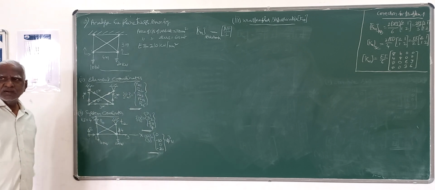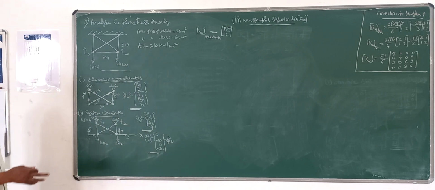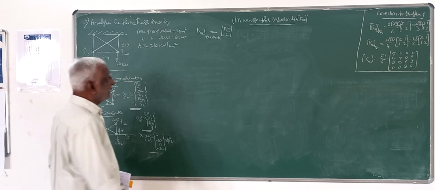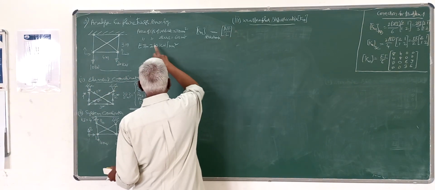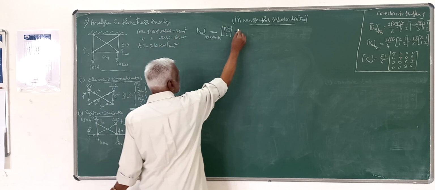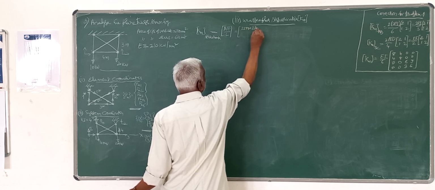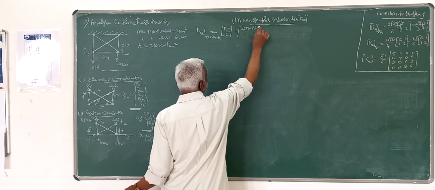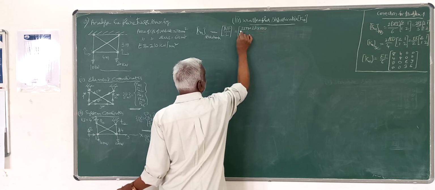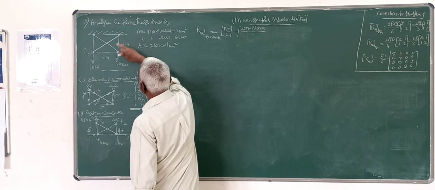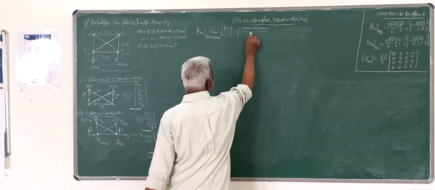Therefore, for truss members, the member stiffness matrix with respect to my local coordinate is just AE by L. Here, for verticals, A value is given as 2000 millimeter square and E value is given as 210 kilonewton per millimeter square, that is 210 into 1000, divided by L. The vertical member length is 3 meters.